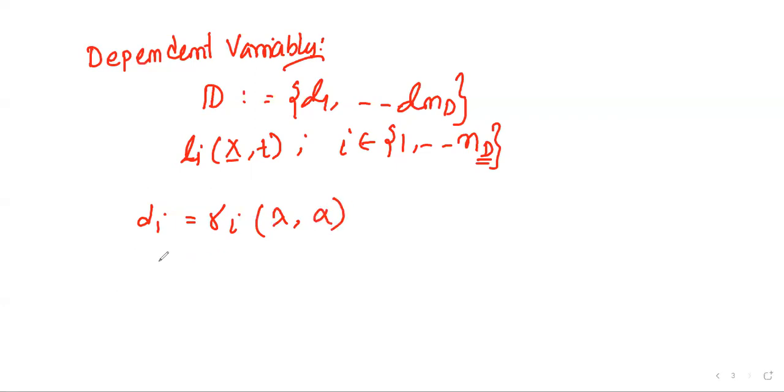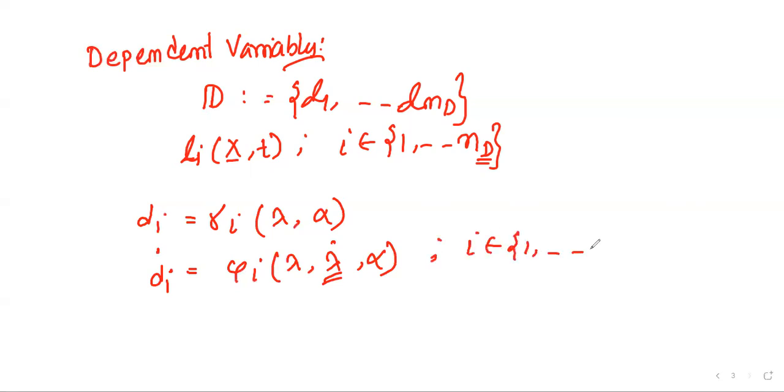We have a restriction on the form of the evolution equation, that is, the rate or the time derivative of Di is a function of lambda dot and alpha. So here we can see that the rate evolution also depends on the rate of change of the free variable. We don't have any fundamental restriction on the form of the evolution of the free variable. Here i runs from 1 to n, where d represents dependent.